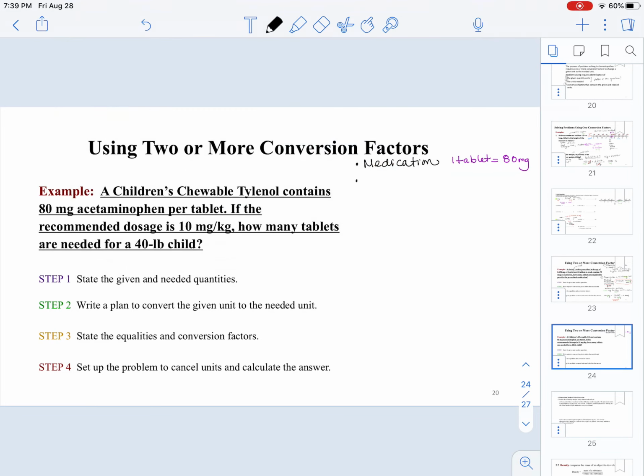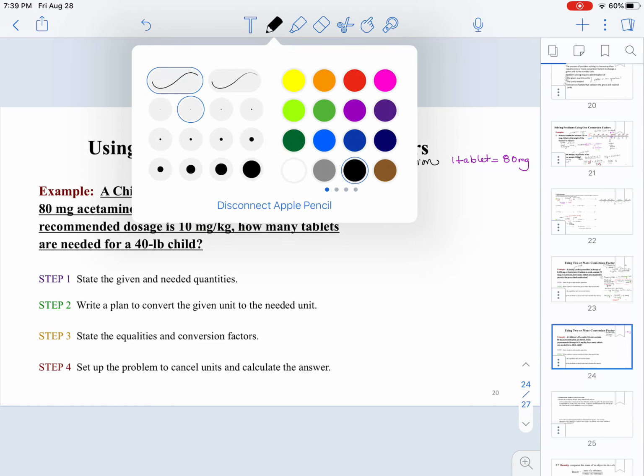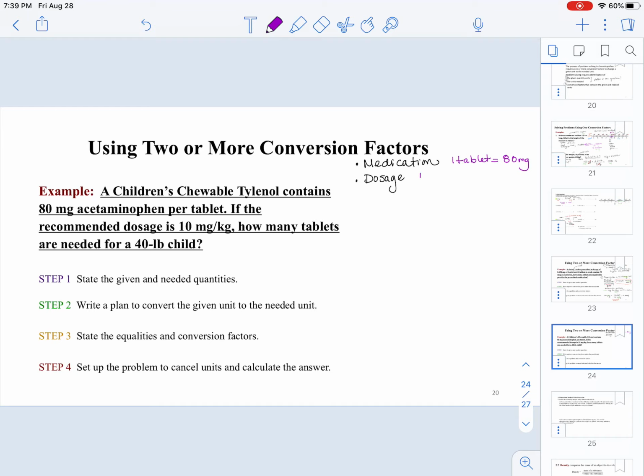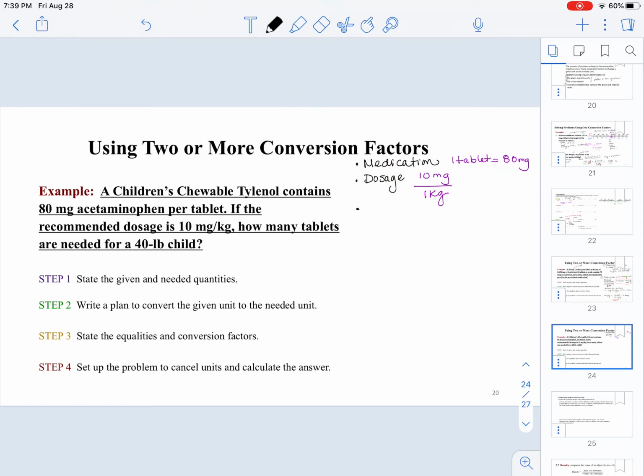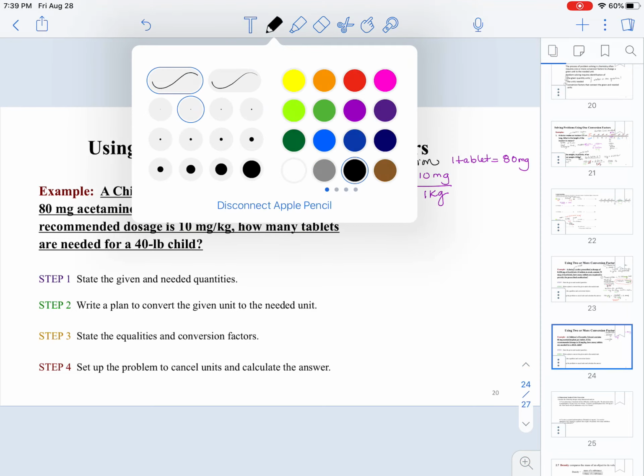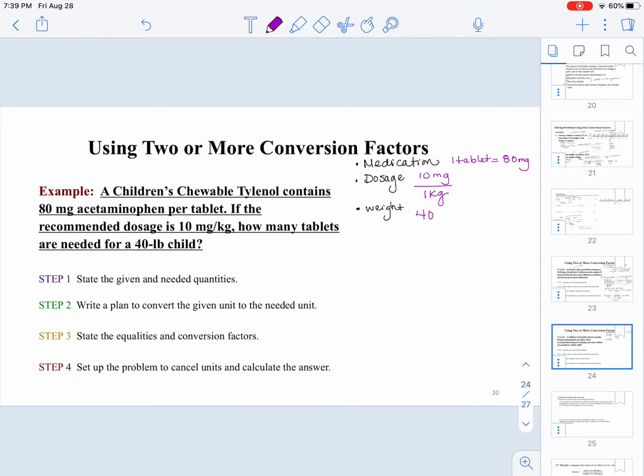You're given the dosage that you need to administer it at, which is 10 milligrams per kilogram of body weight. And lastly, you're given the weight of the patient, which in this case is a 40-pound child. So those are the 3 pieces of information.